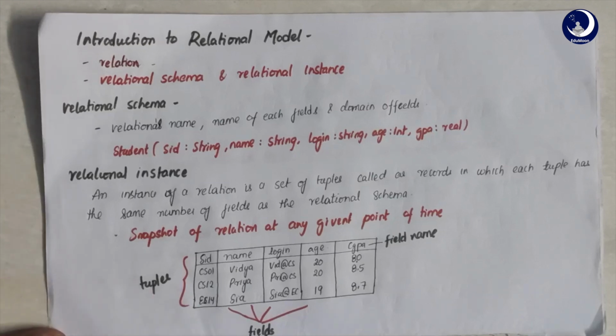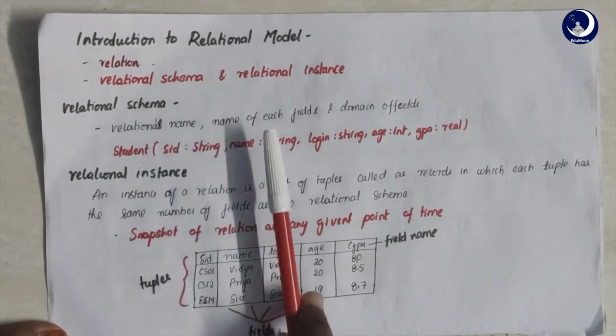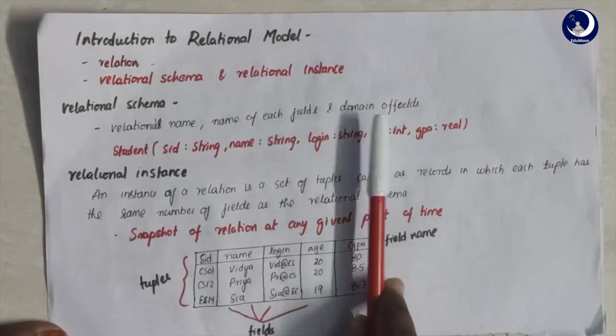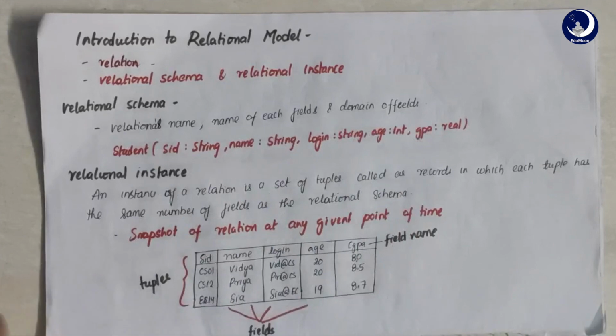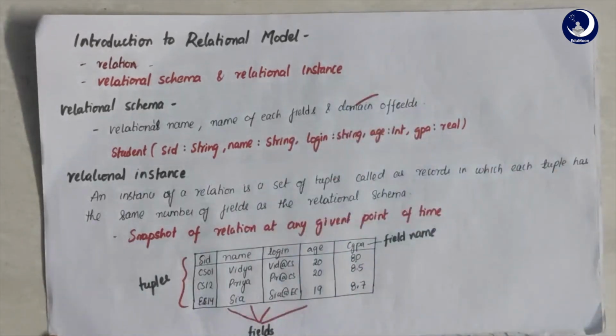A relational schema consists of the relation's name, the name of each field, and also the domain of each field. What is the relation name? That is the table name, followed by the name of each field along with the domain of that field. What is a domain? A domain is the set of permitted values for that particular field.